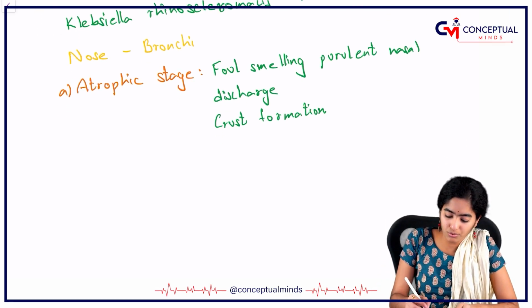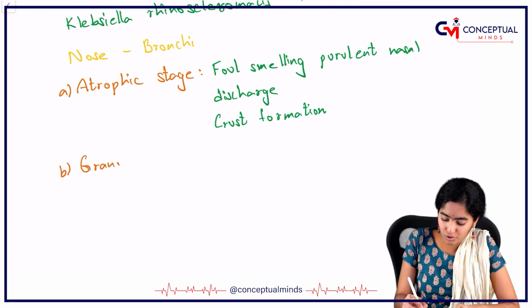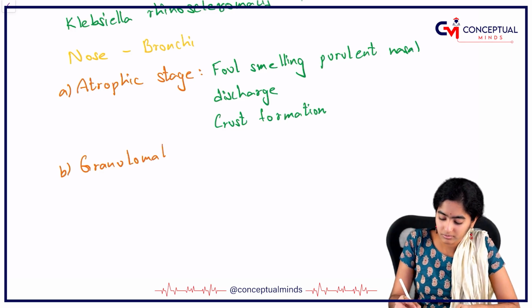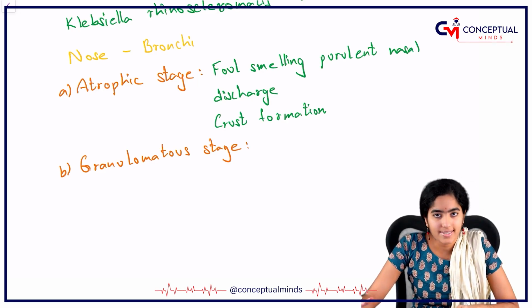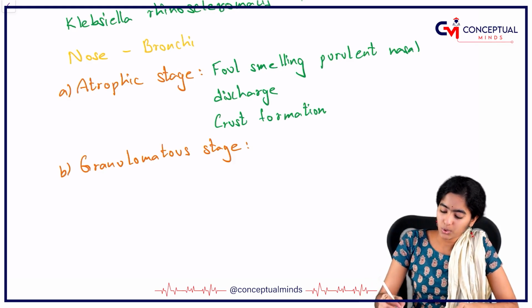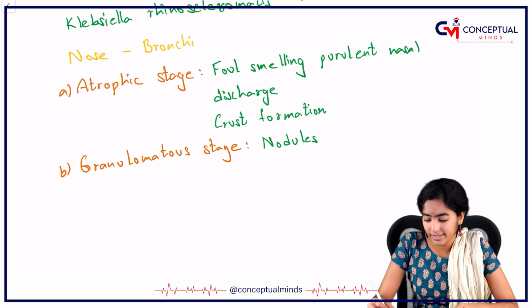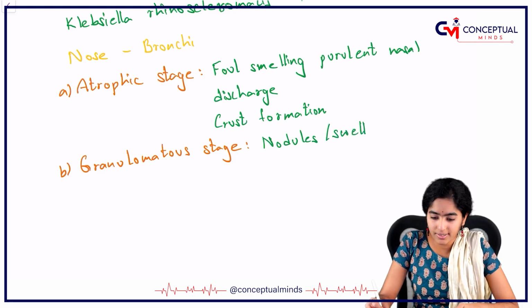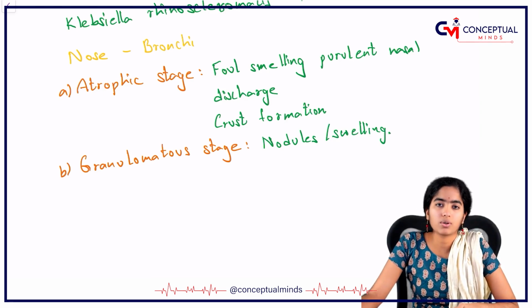And after atrophic stage, the next stage is granulomatous stage. In the granulomatous stage, we find granulomatous nodules have formed. Swelling can be seen in the nose. Nodules or swelling. And where are these seen? In the lower part of external nose and also in the upper lip.